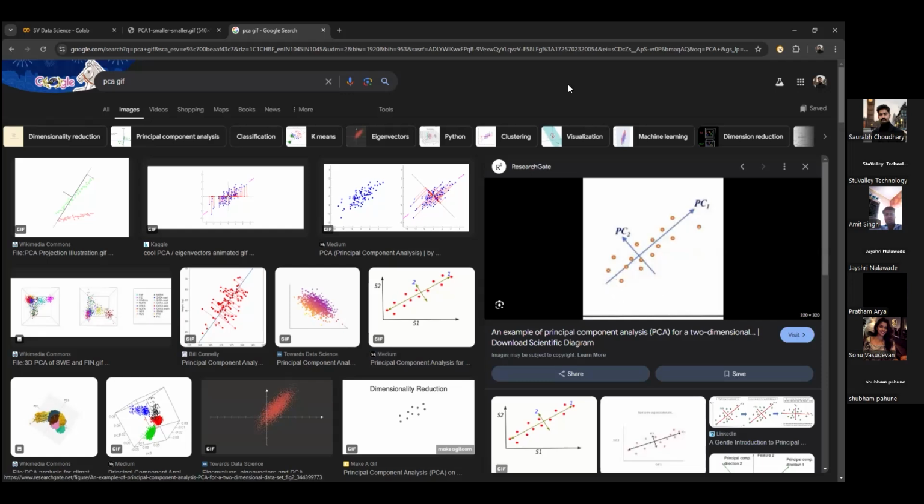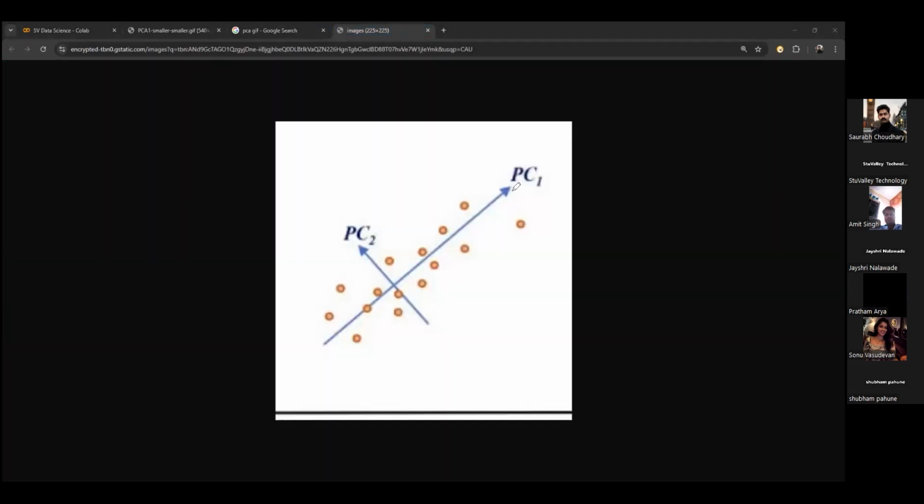Yes, you can see here. Most of the variance across this axis is captured by PCA1, and if there is some deviation on this axis, then it is captured by PC2, right? So all data will fall here.